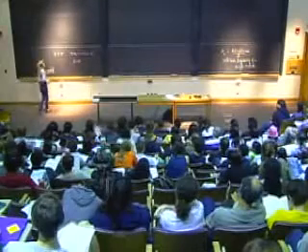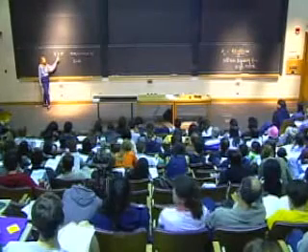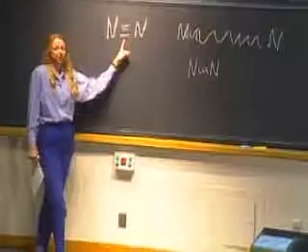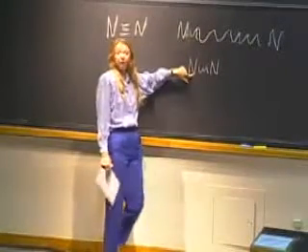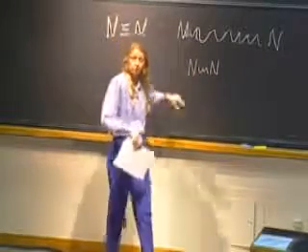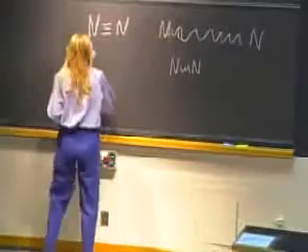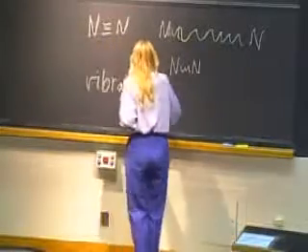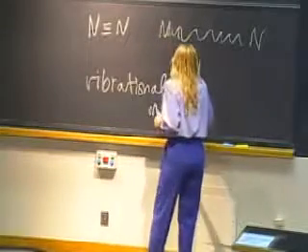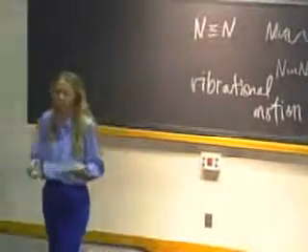When we tell you the equilibrium bond length of some molecule is some number, that is the equilibrium bond length. It is not the bond length when the molecule is stretched. It is not the bond length when the molecule is compressed. This motion is the vibrational motion of the molecule. So we have that kind of internal motion in a molecule.